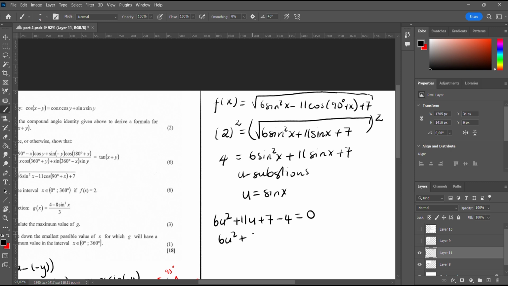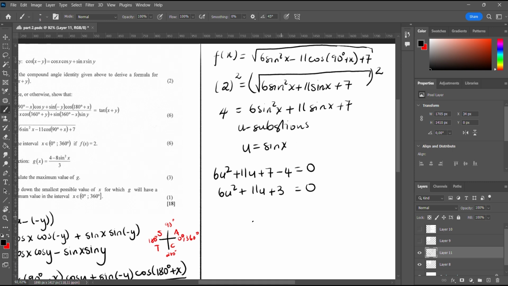So 6u squared plus 11u plus 3 equals 0. This is a pretty easy substitution.